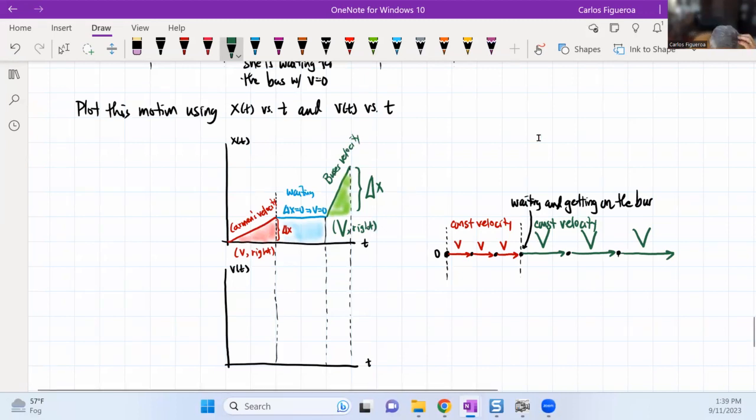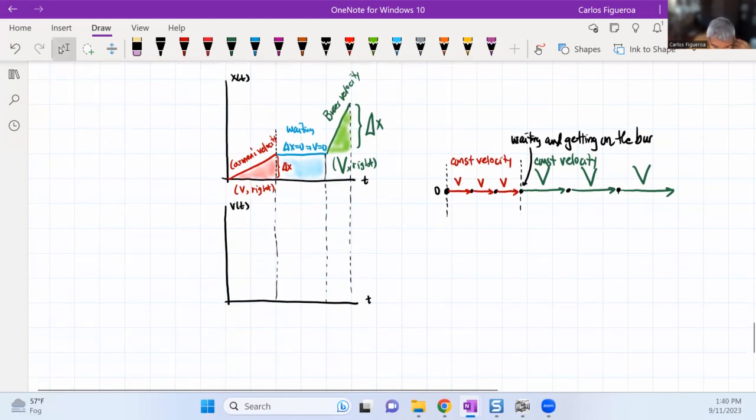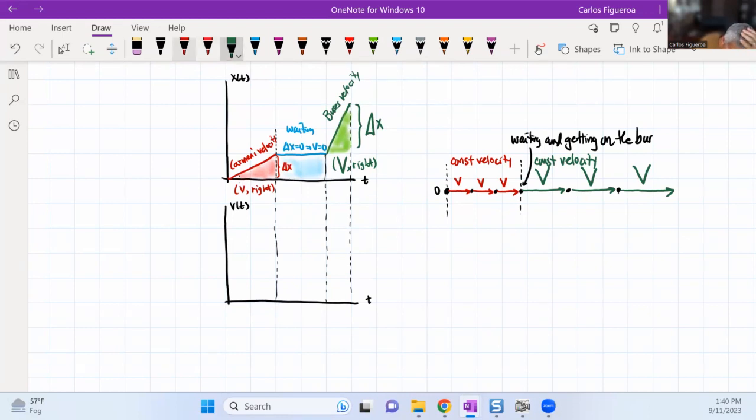So then the question, what's the velocity looking like? Well, we can see here is if I look at the slope is small. So what am I seeing? I'm seeing a really small slope right here. So this is my value of v. And then all of a sudden, when it's waiting here, you could see that the velocity drops to 0. And then it jumps to a higher speed.